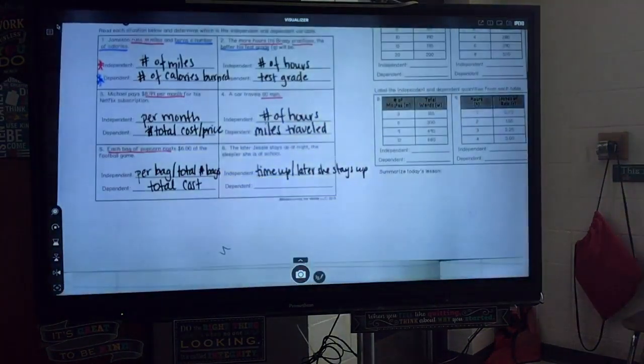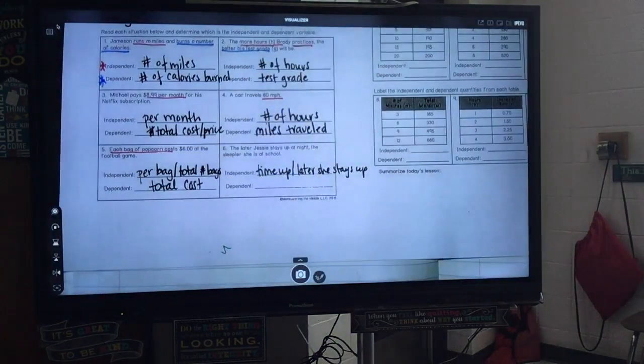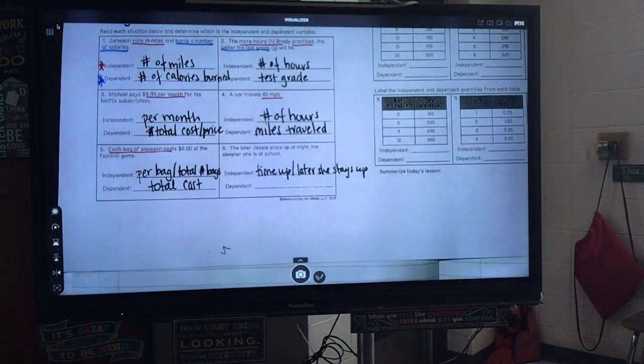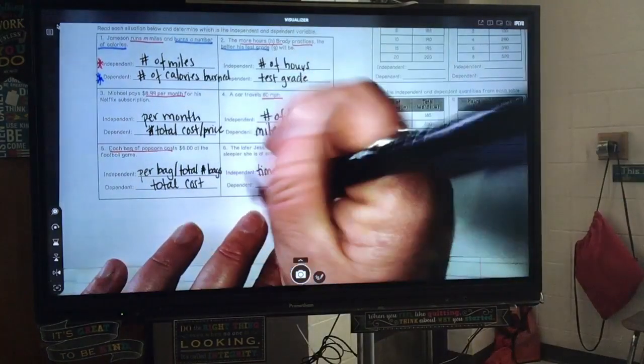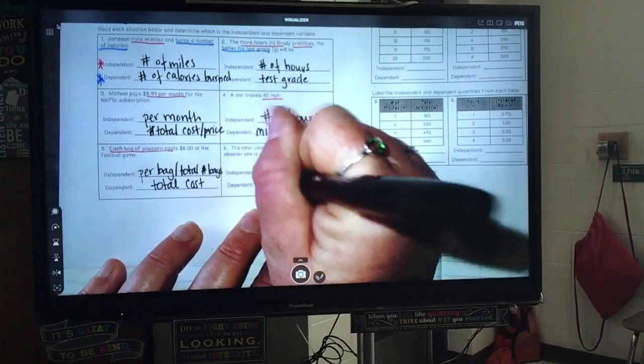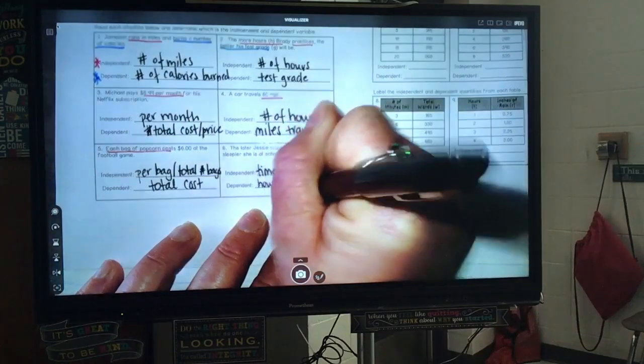Alright, well, determine what? So the later you stay up, how do you feel the next day if you don't get to sleep in? Sleepy. Right, so the dependent is going to determine how sleepy she is.